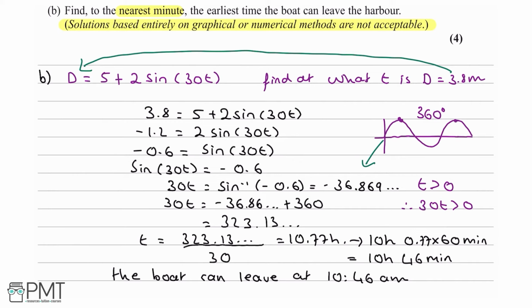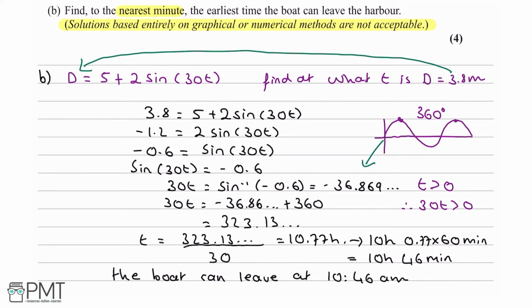So as long as you're between 10:46 and 10:47, if you wrote either one of those answers, that's correct. Technically 10:47 is the first minute at which the depth is above 3.8, but with the numbers we've been given, it rounds to 10:46 a.m. So the mark scheme allows both.